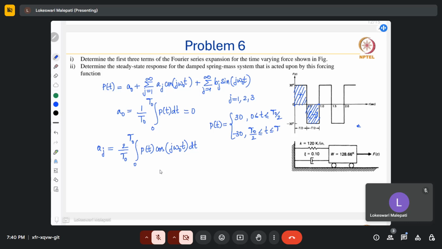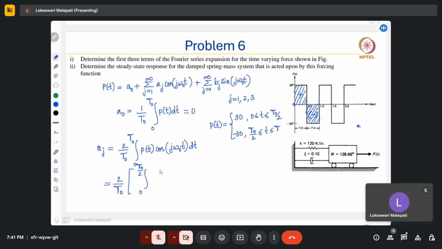So we need to break this integral down into two components. So this would be 2 by t naught integral 0 to t naught by 2.